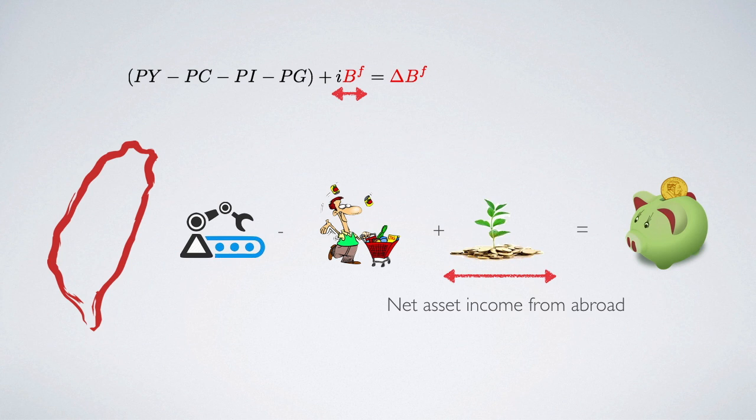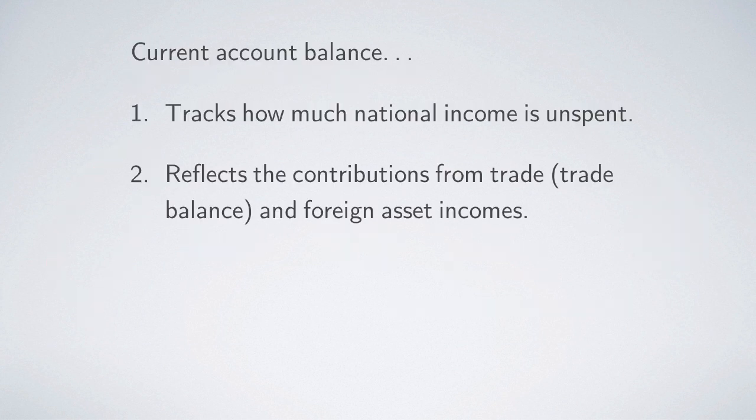One is trade balance, how much money we earn from trade, and the other part comes from the asset income generated from our international investment position. So this is the second point that we come to: current account balance reflects the contributions from trade and foreign asset incomes.